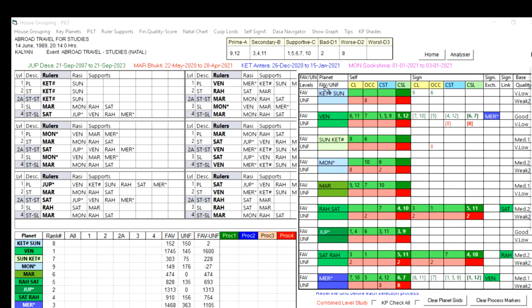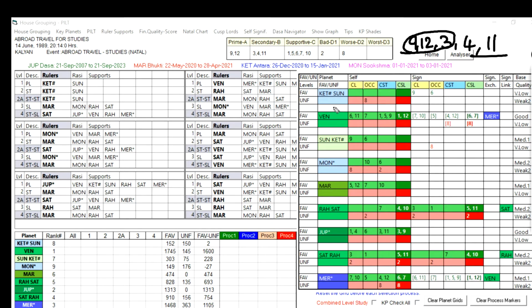What are favorable key planets? The planets having the 9th house, 12th house, 3 and 4th house, and also 11. Importantly, 9 and 12 are important and supported by the secondary houses, third house and 4 and 11 houses, because of abroad travel for pursuing higher education.